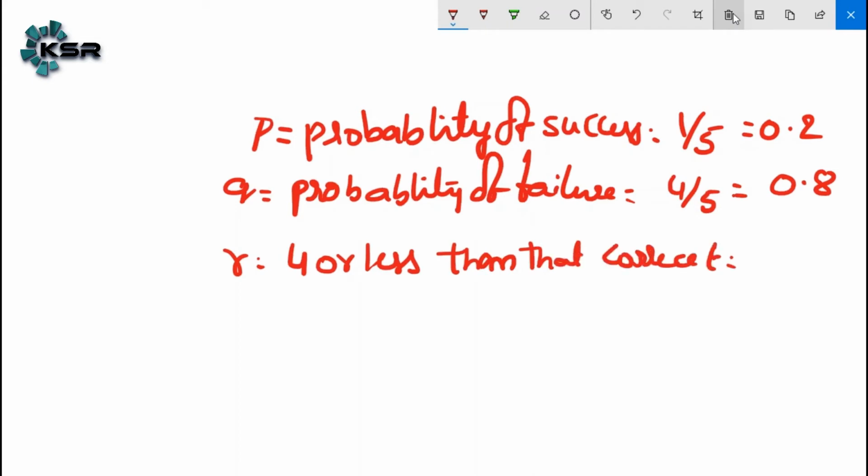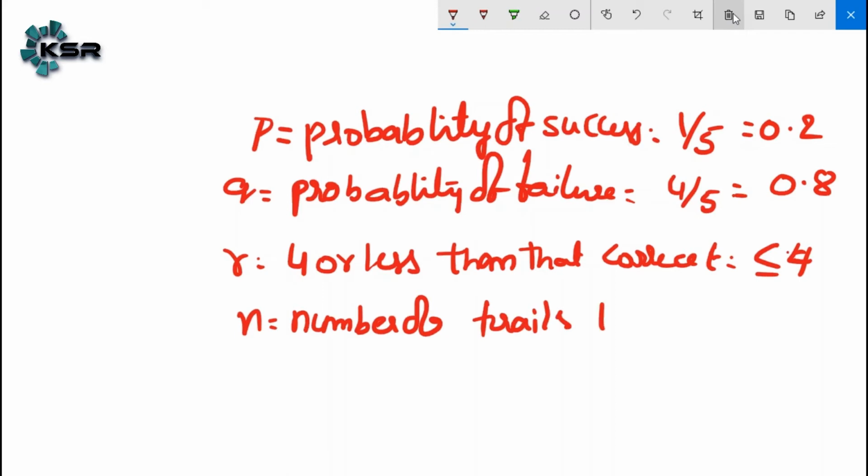That is nothing but less than or equal to 4. N is nothing but the number of trials. The number of trials is nothing but 12.